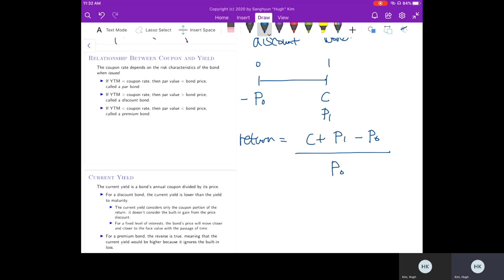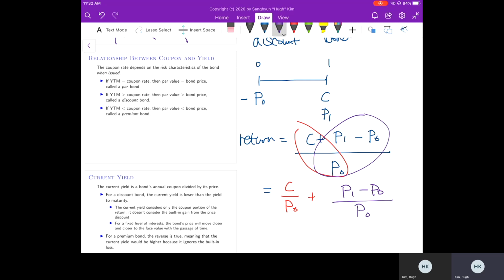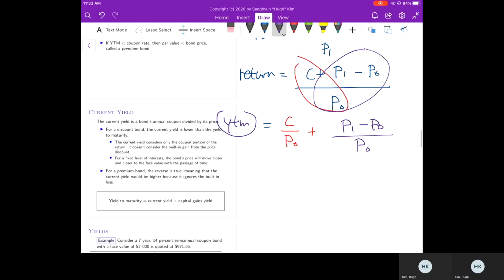So you can divide into two parts. This is the first part, C over P0, plus the second part, P1 minus P0 over P0, which is a price change over the current price. So that's your return. Yield to maturity is your expected return when you buy this bond. This is the average return you're going to earn if you hold this bond until maturity.